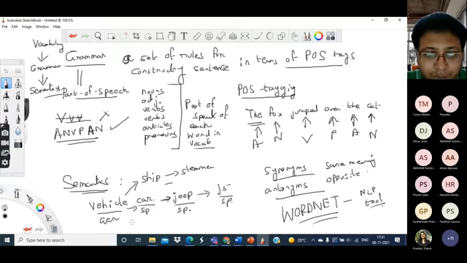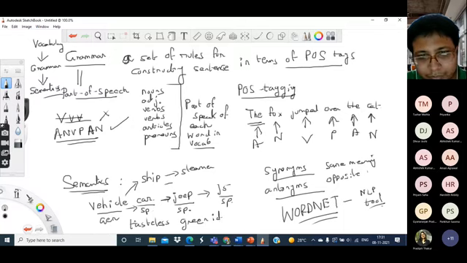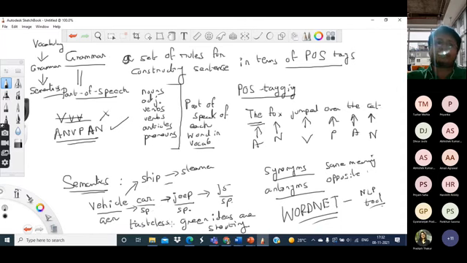Say, for example, I'm borrowing an example here: tasteless green ideas are shouting. This sentence, as you can understand, is grammatically correct definitely, but semantically it is nonsense. It does not mean anything.